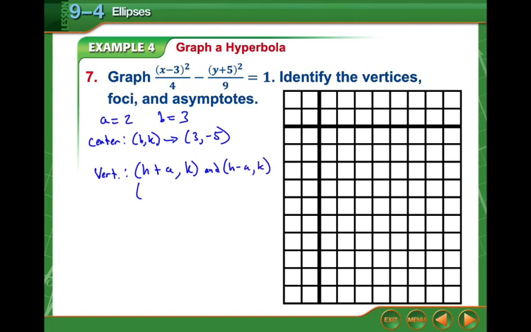So that's going to be h plus a, 3 plus 2 is 5, k is a negative 5. And h minus a, so 3 minus 2 is 1, and again k is negative 5. So there's our vertices. We can go ahead and plot those if we want to. 5, negative 5.